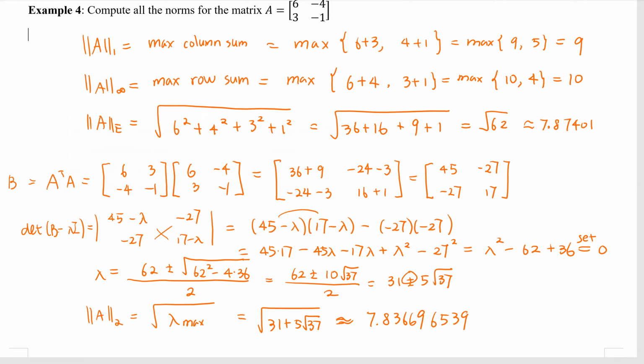Now you can see the L1 norm, L infinity norm, and Euclidean norm are easier to compute. But for the L2 norm, we need to find the eigenvalue of the matrix A transpose A. So in general, it's hard to find. For a 2 by 2 matrix, this is a way we can do it, because we get a quadratic equation.